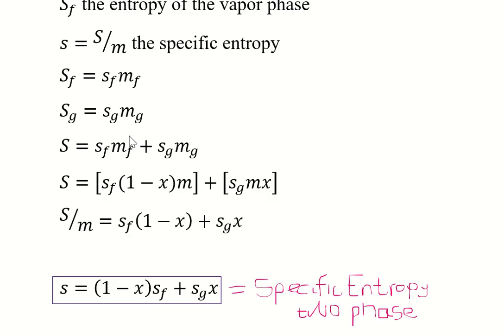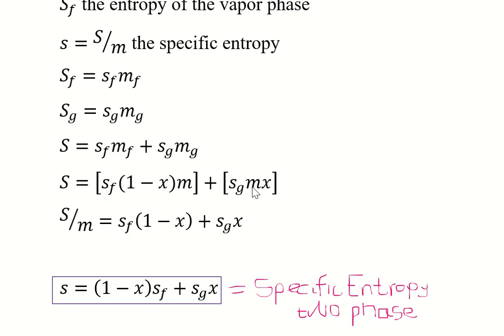And how is that done? If you've been following the previous video, you know that we get this by introducing the total mass, and total mass is equal to the mass of the vapor phase plus the mass of the liquid phase. And once you do the substitution, you will get something like this.